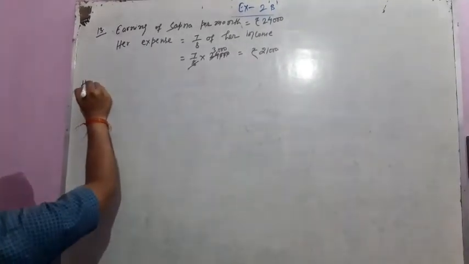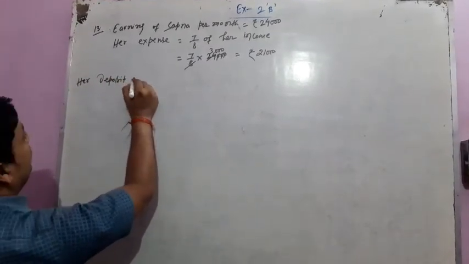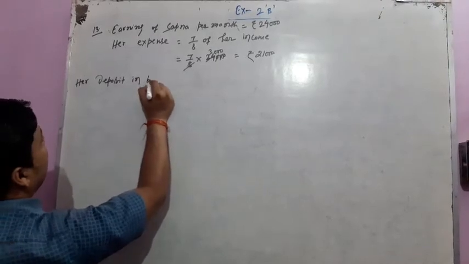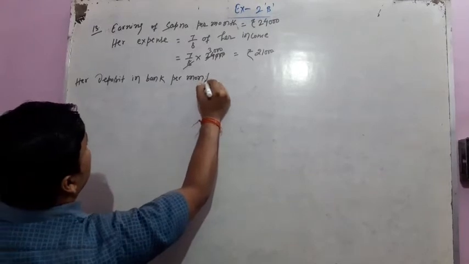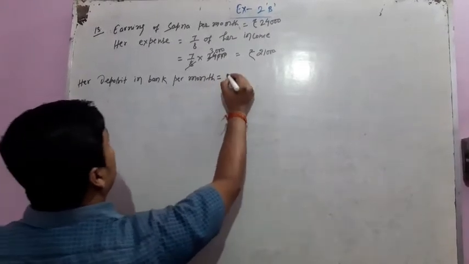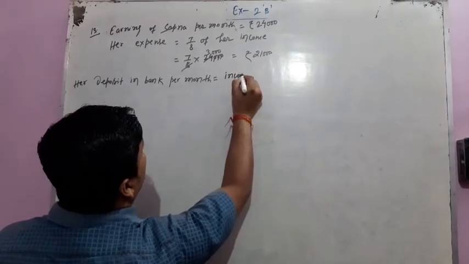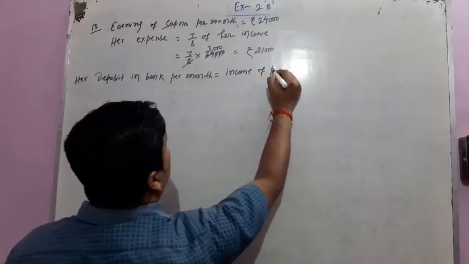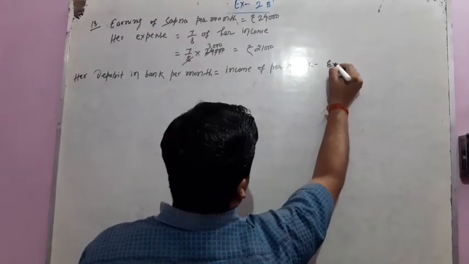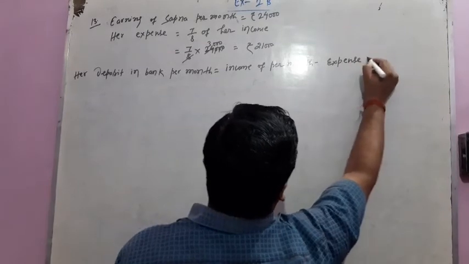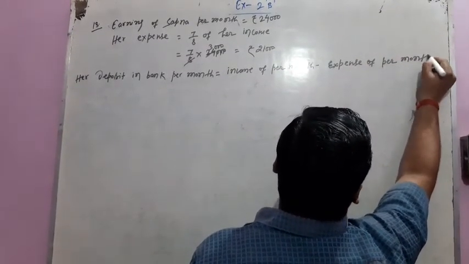So her deposit in bank per month is equal to income per month minus expense per month.